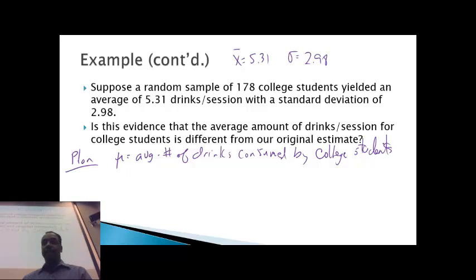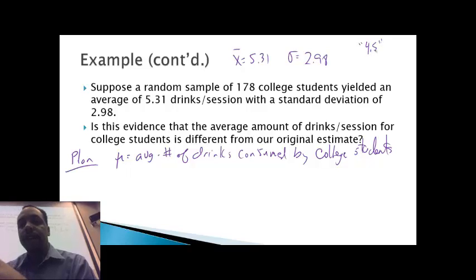So that's like getting things all set up. And we will start off with 4.5 as our hypothesized value mu naught.